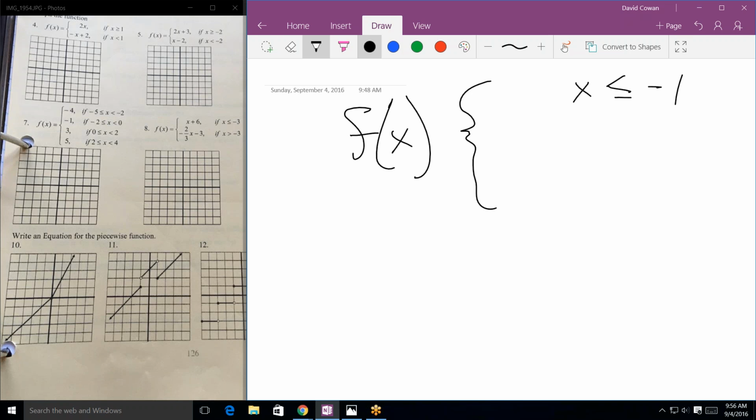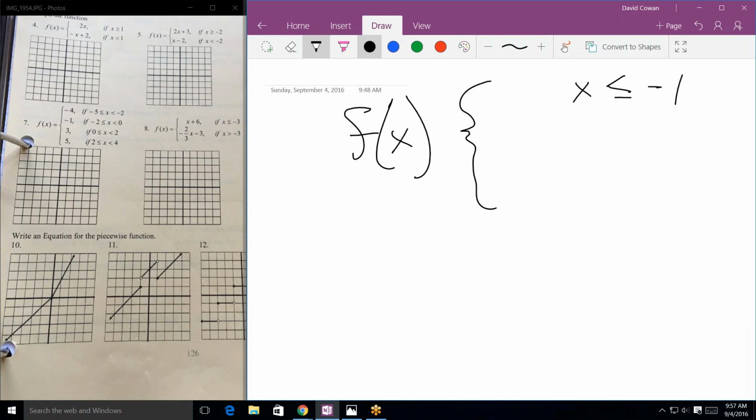What would it be? It'd be 2. So the equation of that line is x plus 2. Just x plus 2. And it's less than or equal because it's a closed dot at that point right there. Now, I didn't have to extend that line to the y-intercept to figure out what the equation was, and that's not a particularly good way to do it anyway because it's not exact enough.